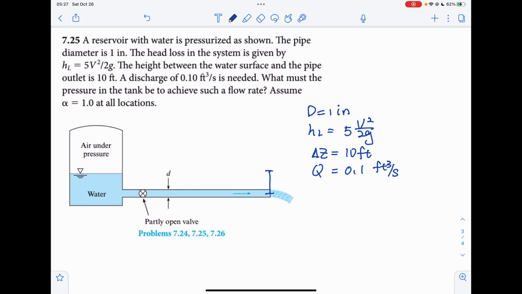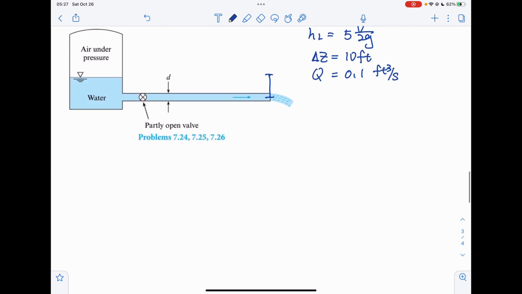We're gonna assume alpha equals 1 at all locations. So given the information here, we can write down the energy equation between point 1 here at the water surface and point 2, which is at the outlet.